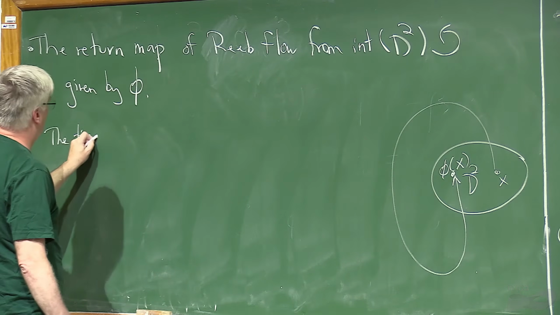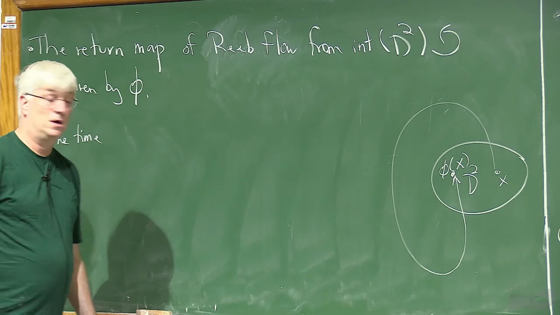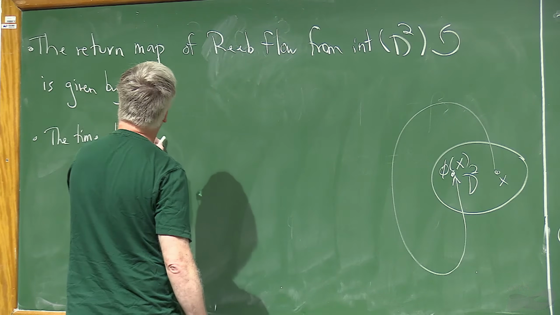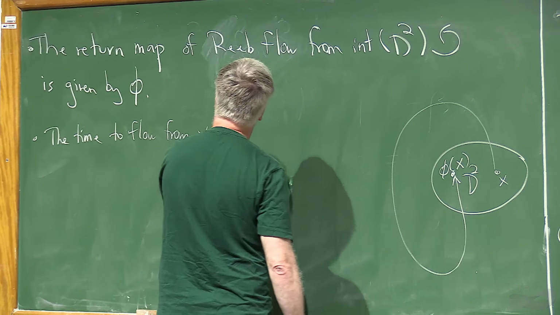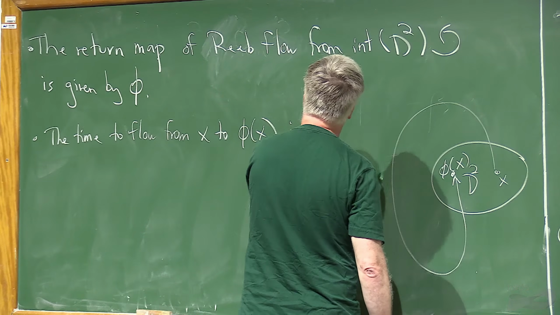And then you can say, all right, how long does it take to get back to the disk? So the time to flow from x to phi of x is f of x.